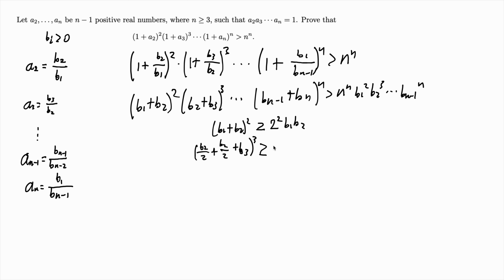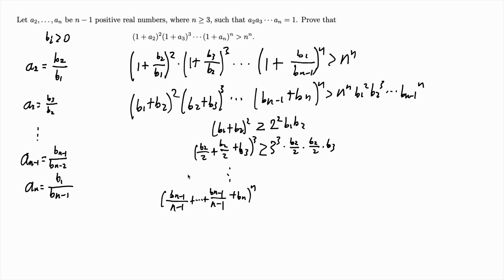So using the AM-GM inequality, we have 3 cubed, and I'll multiply this term, so we have times b sub 2 times b sub 2 times b sub 3, and all the way up until we have b sub n to the power of n minus 1 over b sub n minus 1 plus dot dot dot plus n minus 1 over b sub n minus 1.